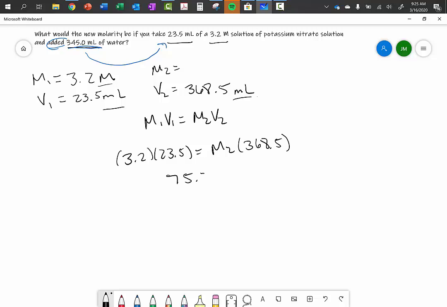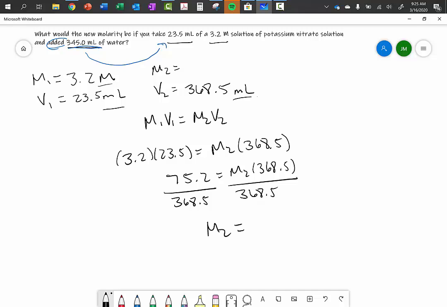This ends up being 75.2. And we get an M2 value of 0.20 molar once we account for sig figs. So that's the answer to number 2.